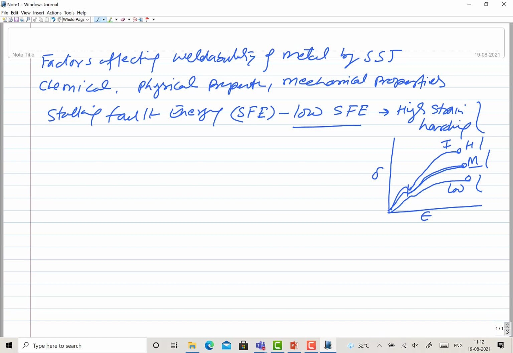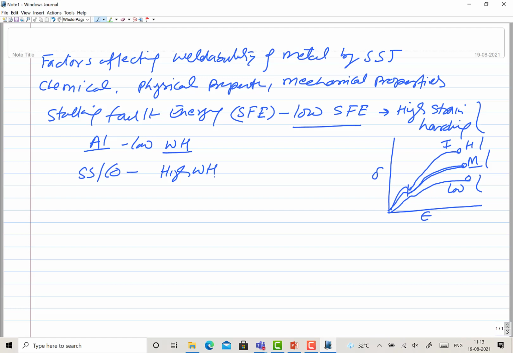So the work hardening exponent, or strain hardening exponent, is basically used to characterize this. Like aluminium has very low work hardening tendency, while other metals like stainless steel, cobalt, they show the high work hardening tendency.